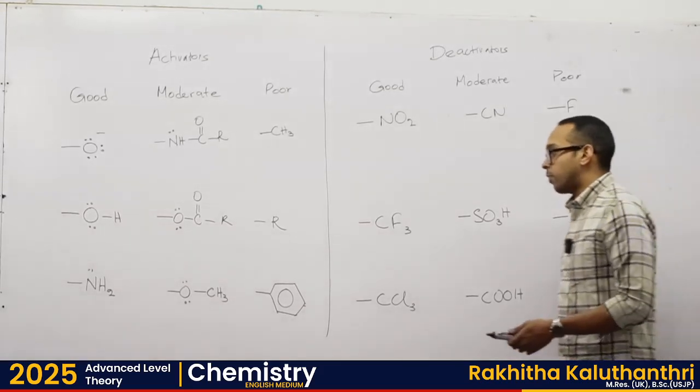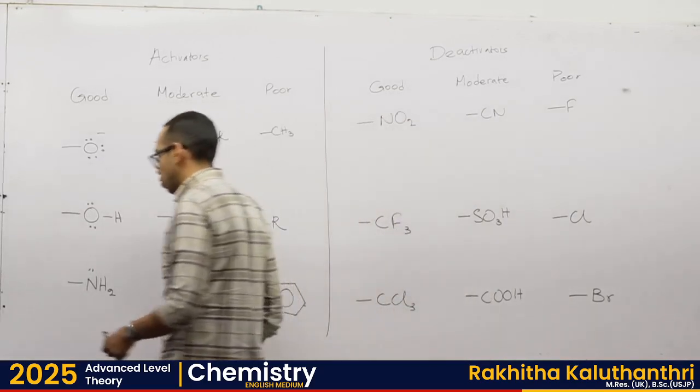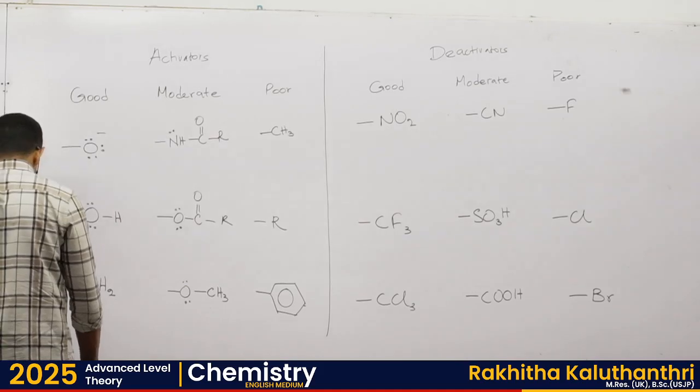So that means the one that undergoes nitration the fastest should be on the rightmost corner.